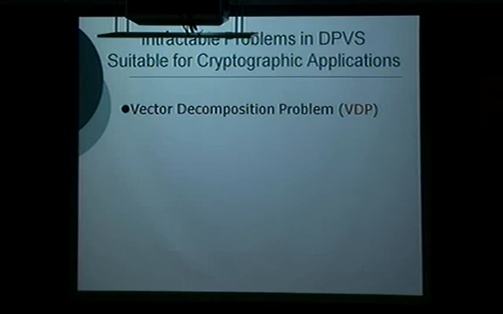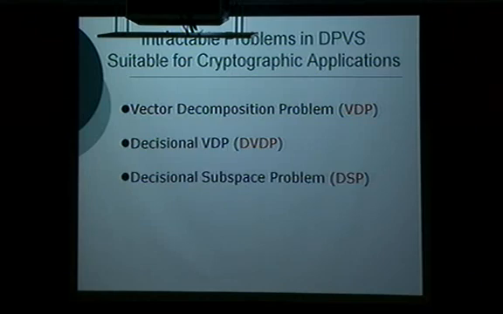I introduce three problems in my talk. The first one is the vector decomposition problem. The second one is the decisional version of this problem. And the third one is another decisional problem, the decisional subspace problem.